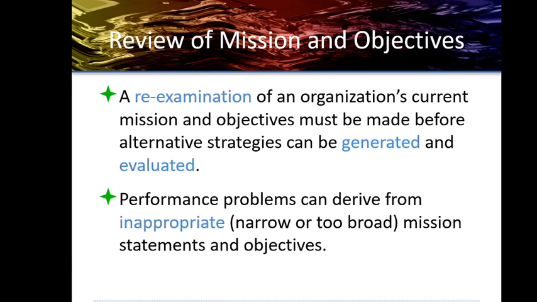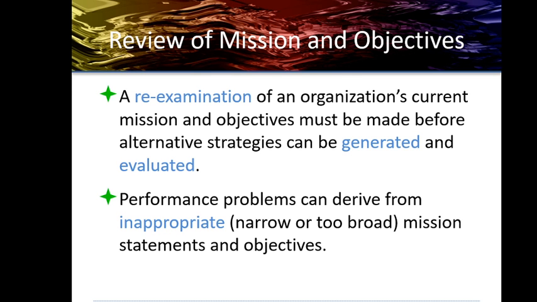It must be done before alternative strategies can be generated and evaluated. Now, performance problems, what do we mean by performance problems? Performance problems can derive from inappropriate, as I said a while ago, narrow or too broad mission statements and objectives, or sometimes unclear objectives.